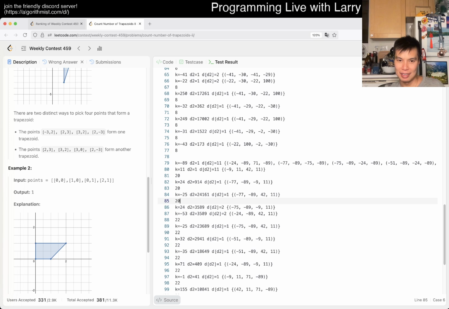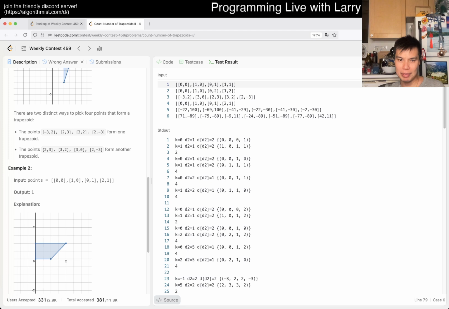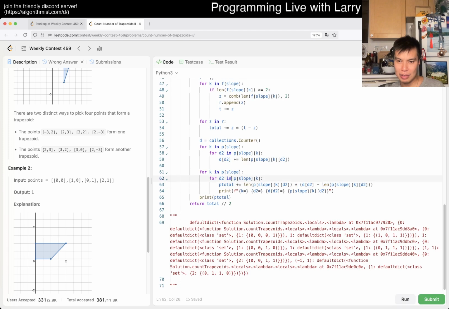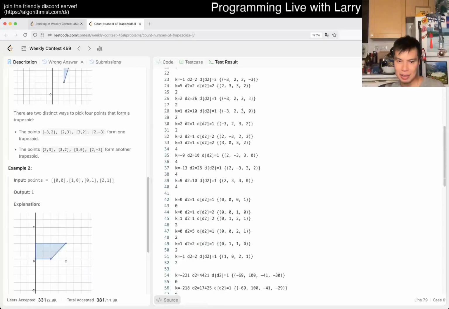Okay. Distance 11. D2 is 1. D of D2 is 11. Is this right? Is there like one more thing that I'm forgetting? D2 is the distance.